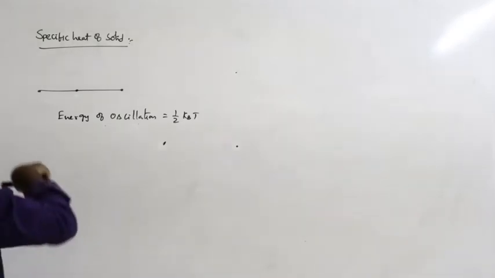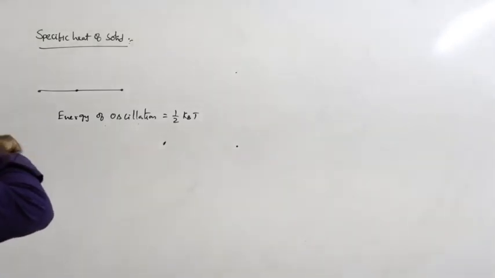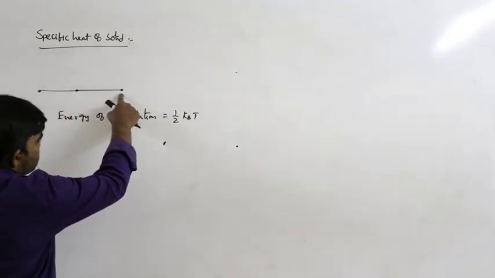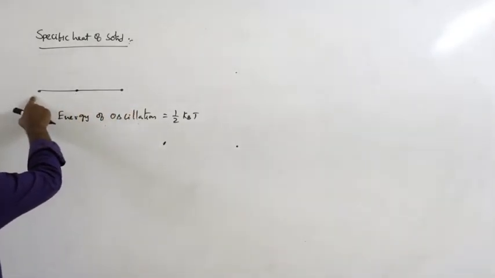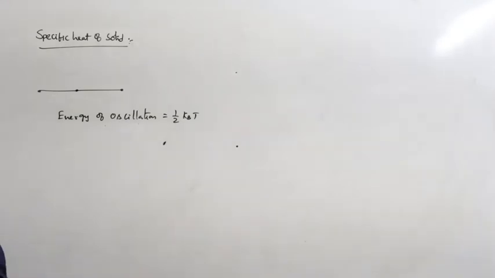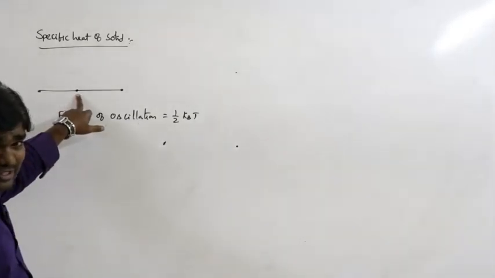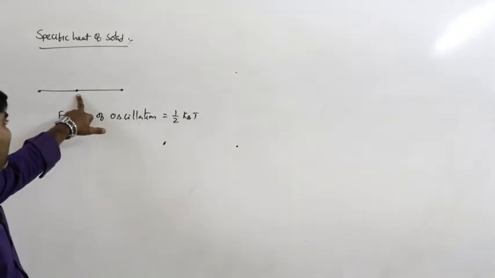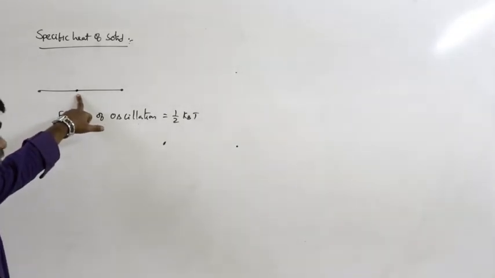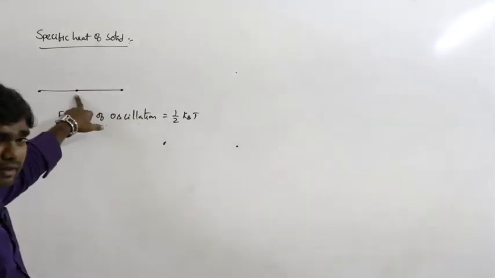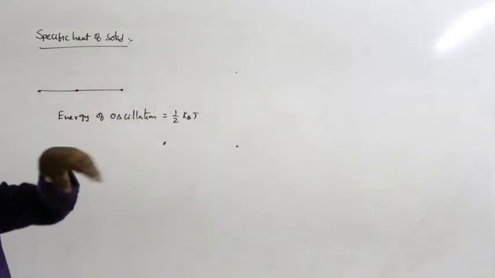But this is the mean position, this is the extreme, and again mean, and again extreme. This is called oscillatory motion. We have the chapter on oscillations, in which we can discuss it clearly. So mean, extreme, again mean, again extreme, again mean.